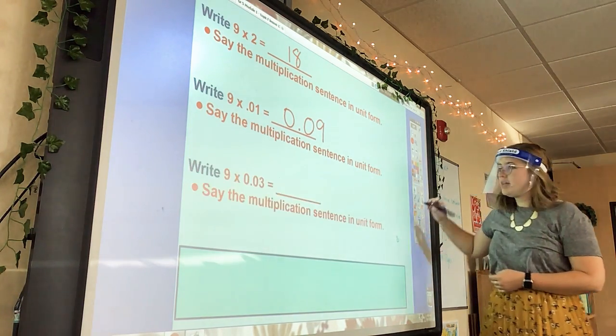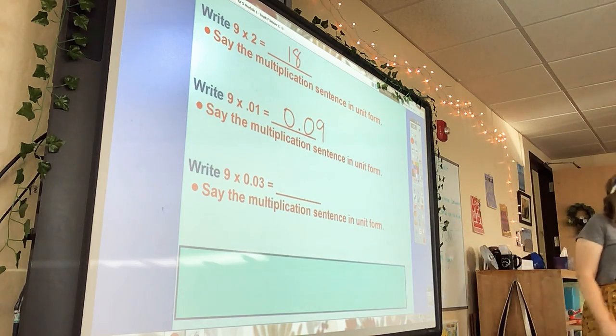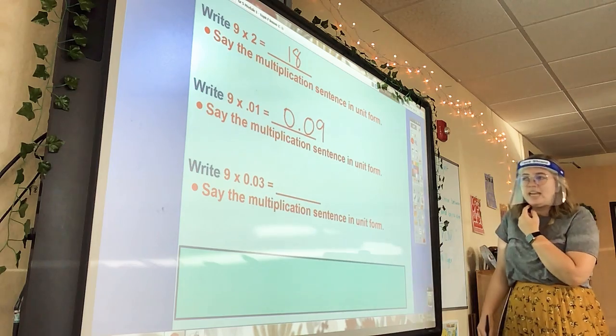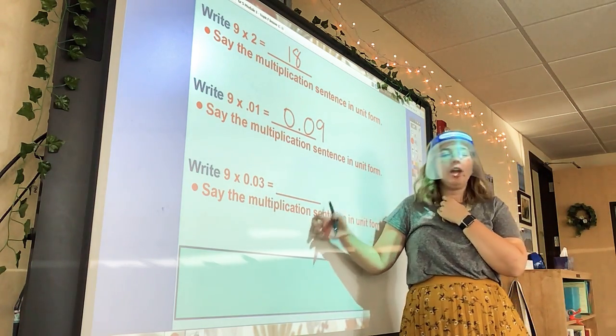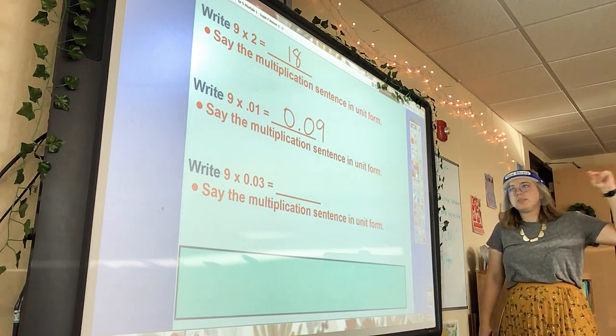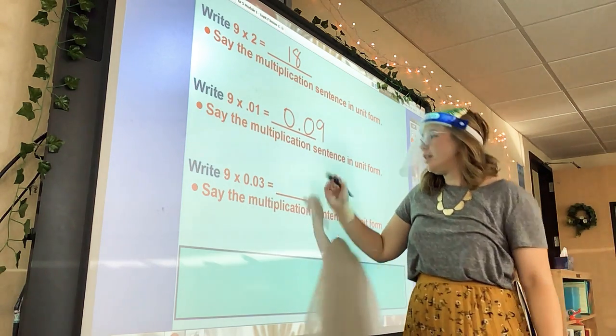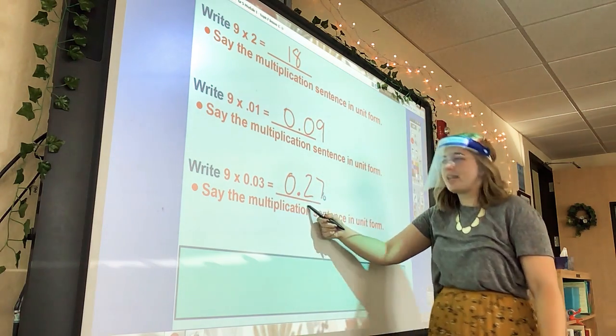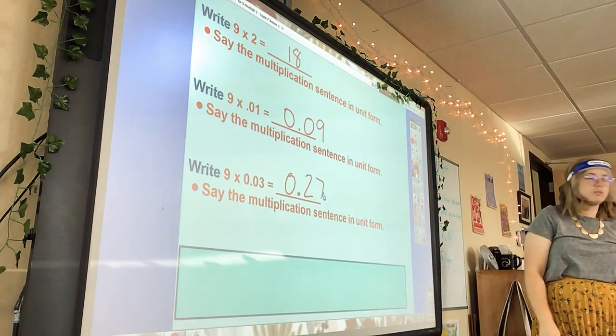Okay. It is Monday, I know. All right, here we go. So we have 9 ones times 3 hundredths, okay? Same thing, here we go. 9 ones times 3 hundredths, go. 27 hundredths. Beautiful, 27 hundredths, which looks like 2 tenths and 7 hundredths, right?